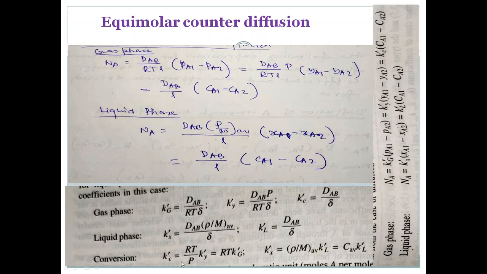And the conversion is kc prime and ky prime. If you multiply by RT by P, then it will be delta. So this is the conversion factor: kc prime equals RT kg prime, kx prime equals this into kl prime equals CL.